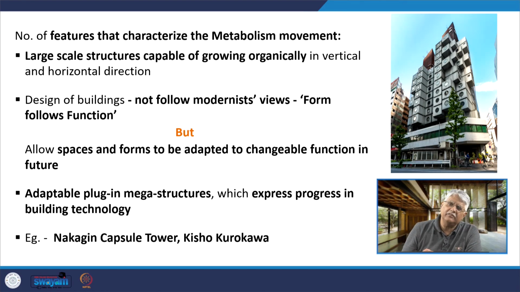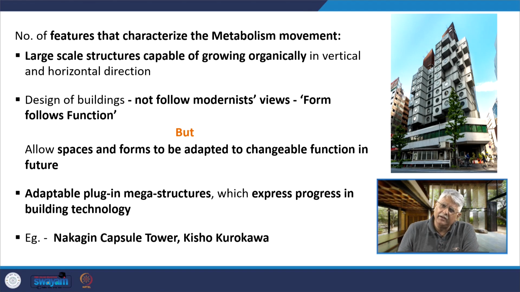A number of features characterize the metabolist movement. There were large-scale structures which are capable of growing organically in the vertical and horizontal directions. When I am making this point, please understand this is only the theory behind it. Did it actually happen? Could buildings actually grow vertically or horizontally?